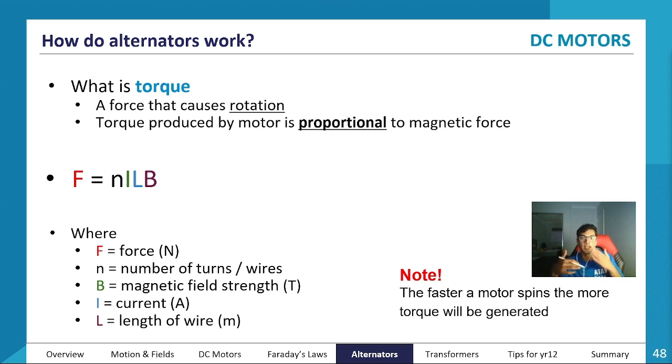And the faster a motor spins, the more torque will be generated. And the more torque you have, the more power you have to do whatever you have to do. Say you're using a motor to power a car. The more torque you have, the more power you have to move a heavier car.